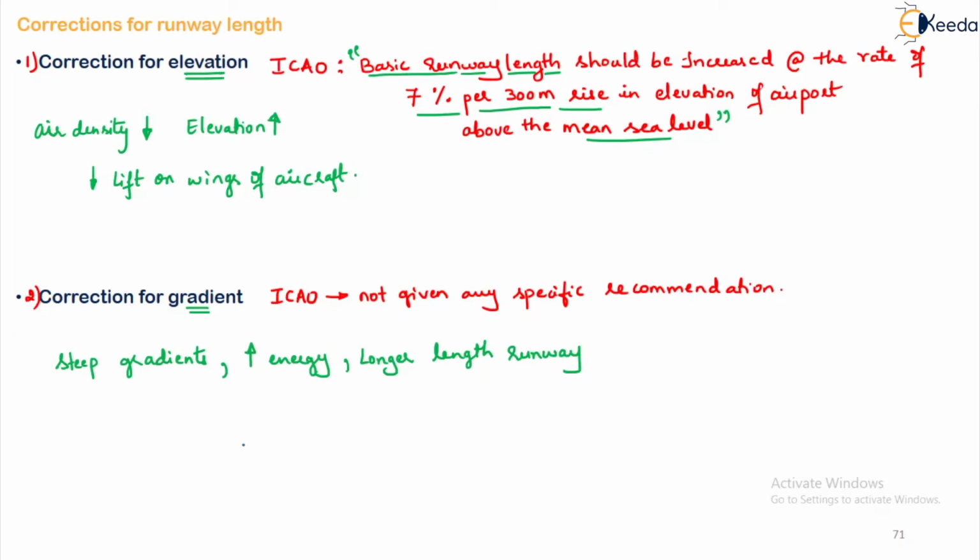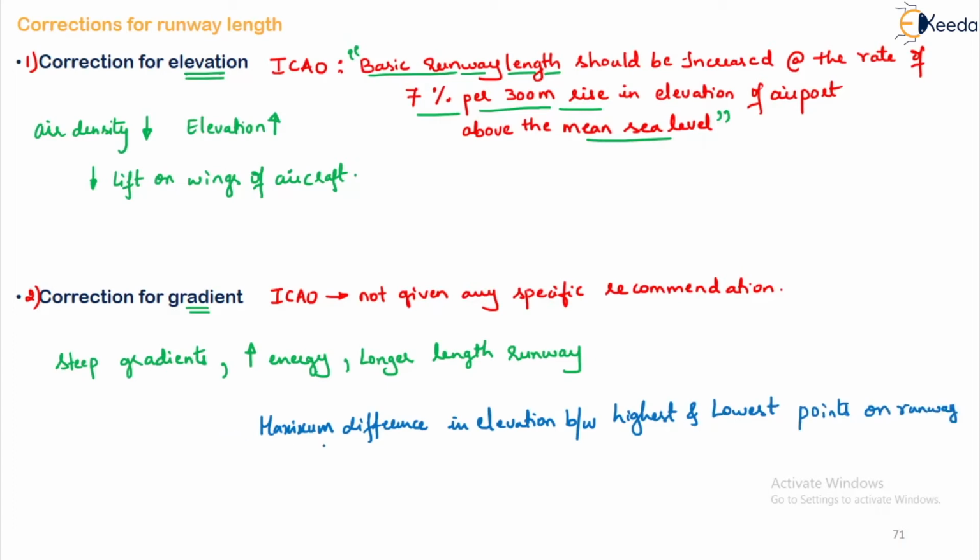So we take the maximum difference in elevation between the highest and the lowest point on the runway, and this difference should be divided by the total length of the runway.